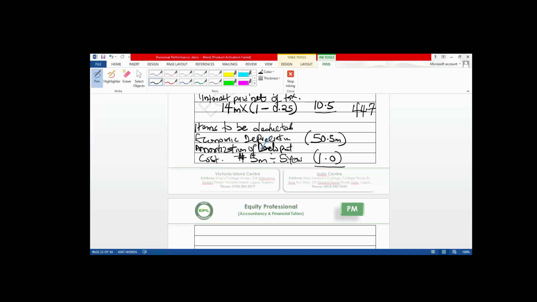But where a cost is incurred, such as training or research and development costs, that provides benefit for more than 1 year, like the training costs you mentioned. If a staff is sent on training, we incur training costs.